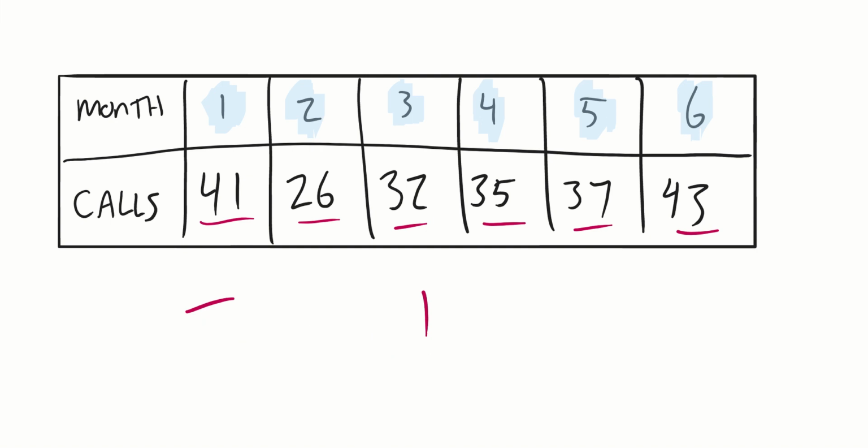Now, what if I were to take month 5 and say month 5, she accidentally pocket dialed somebody twice and it really was only 35 calls. Now, would this be a function? So if you look, month 4 and month 5 both have 35 calls. Does that make a difference to say, is this a function?